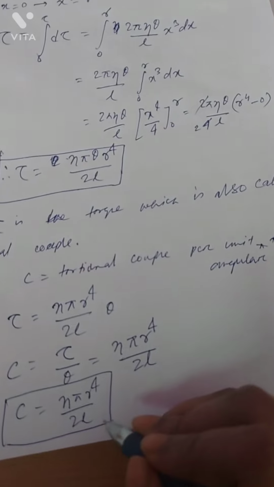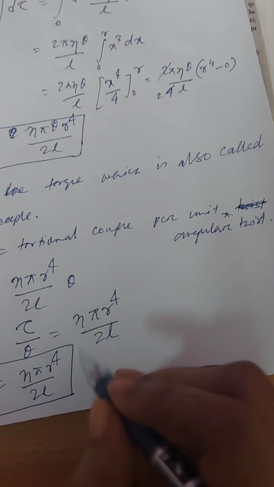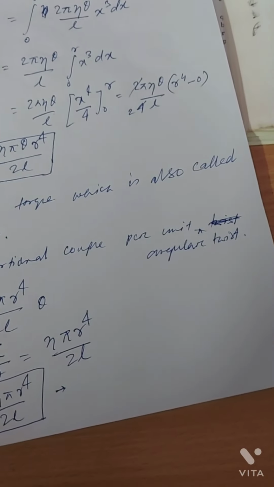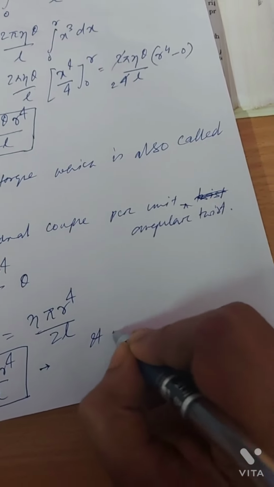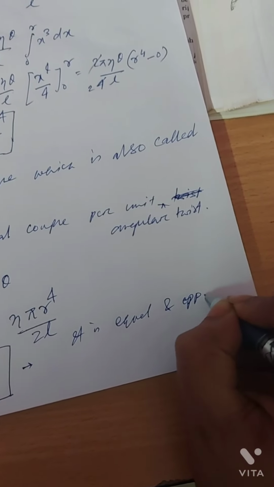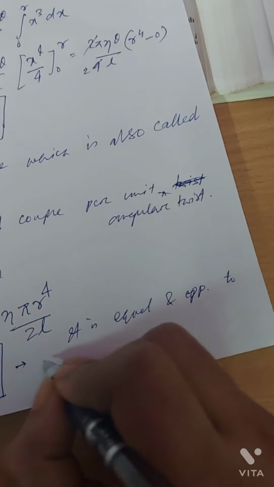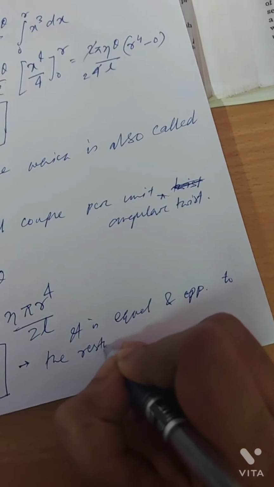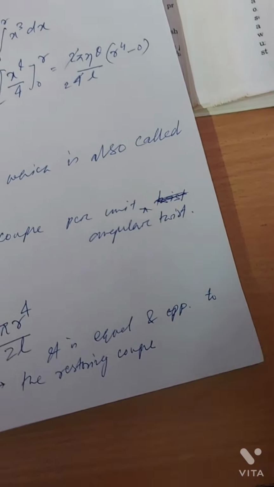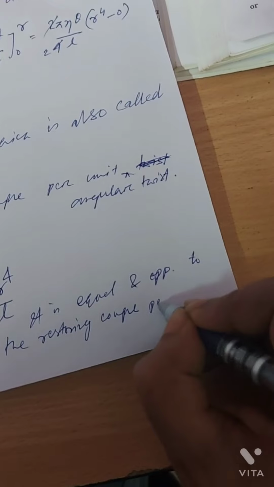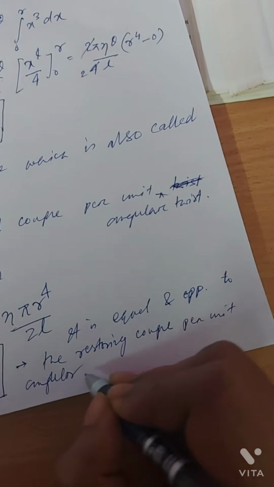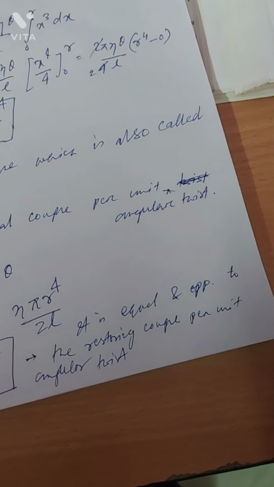Fine. Now as you can see, this torsional couple per unit twist is equal and opposite to the restoring couple per unit angular twist.